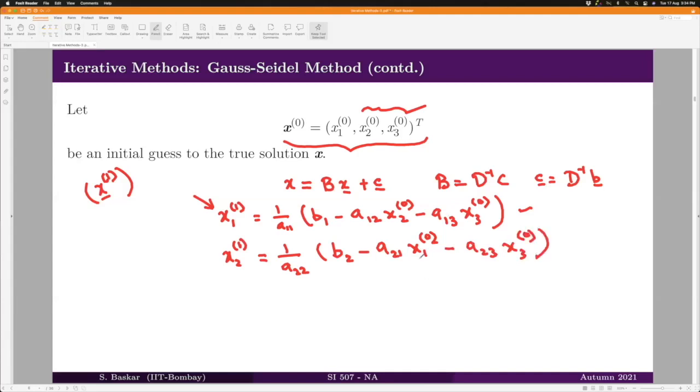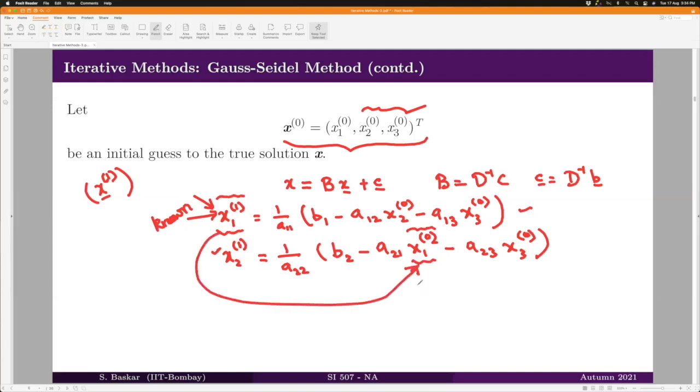Now you see, when you are computing x2, you already computed x1, right? This is known to you. The Gauss-Seidel idea is, when you know x1 of 1, why do you want to use x1 of 0, which is coming from your previous iteration? You just substitute this here.